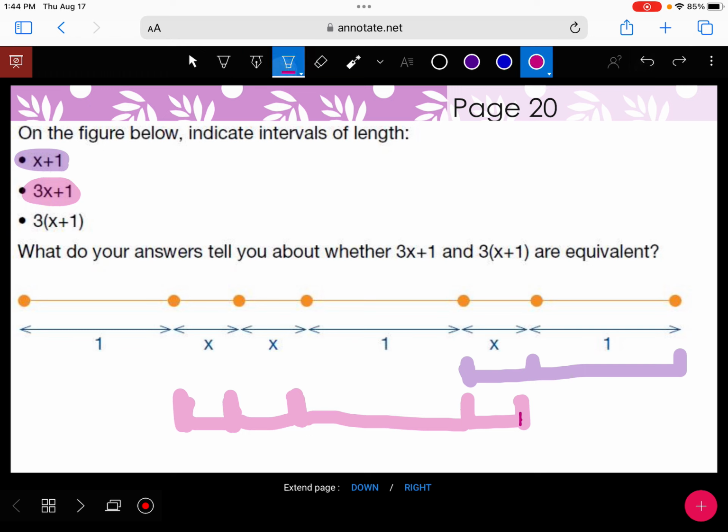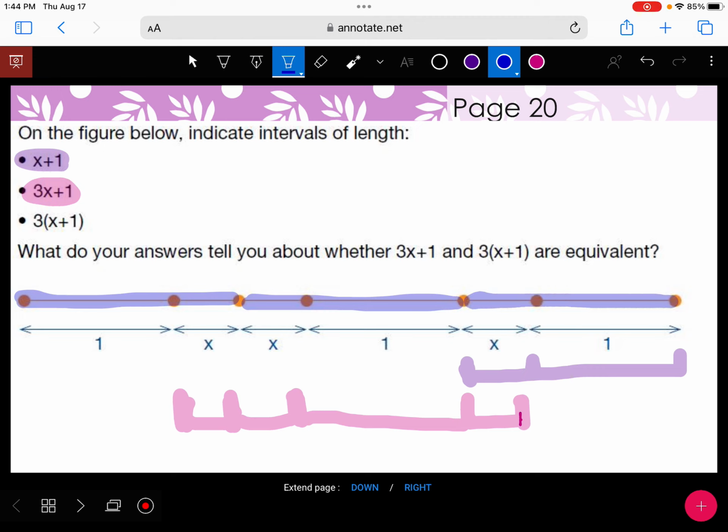I've got x plus 1 right here, right? I've got another x plus 1 here because I have a piece of x and a piece of 1. And then here I have a piece of x and a piece of 1. So I have 1, 2, 3 x plus 1s.